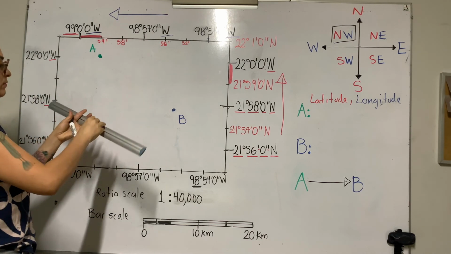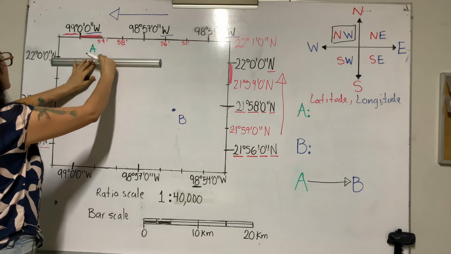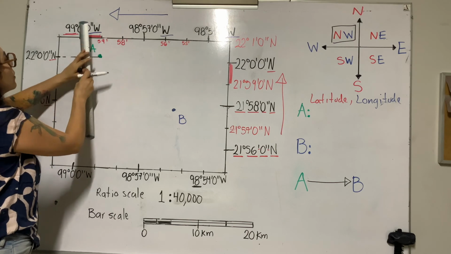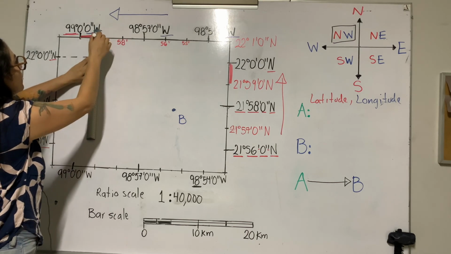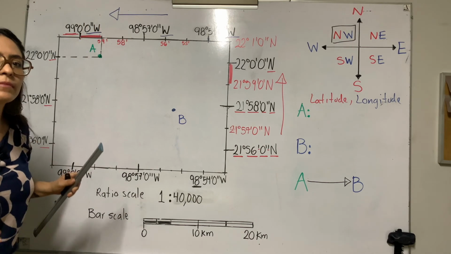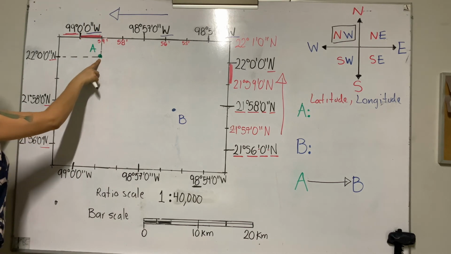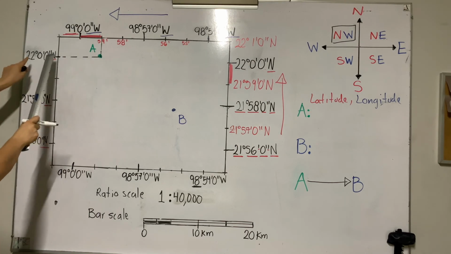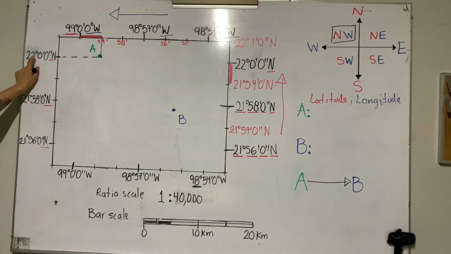We can cross it using the information that we have. I'm going to cross the latitude and the longitude, and I'm going to use the numbers that I have surrounding my point. The latitude is really easy to see because it's exactly where this reference number is in my map.